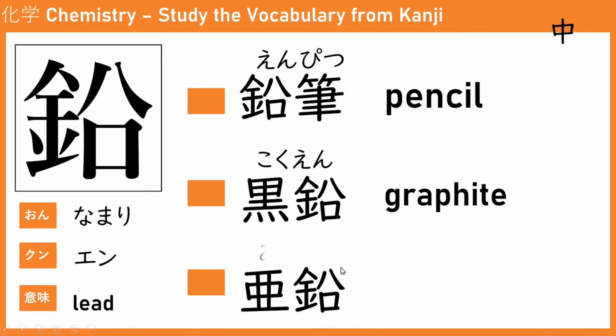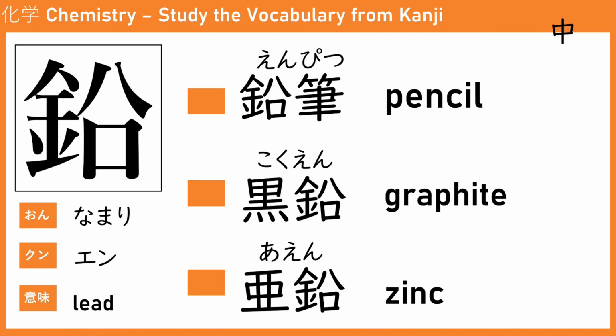The other one is aen. Aen actually means zinc. They use the kanji of lead, Pb, but here it means the next or the second.